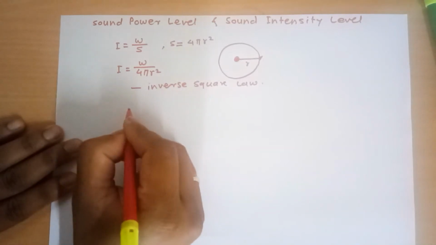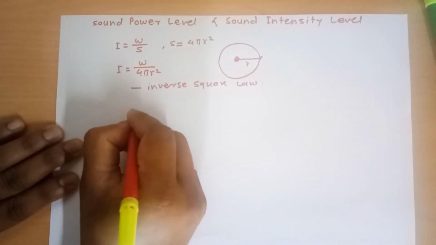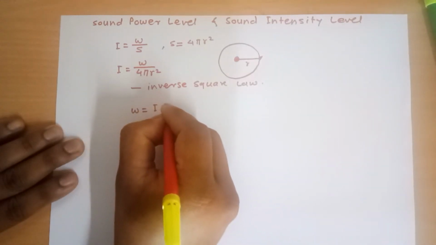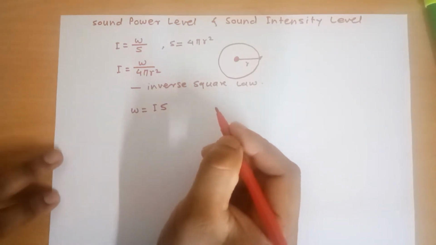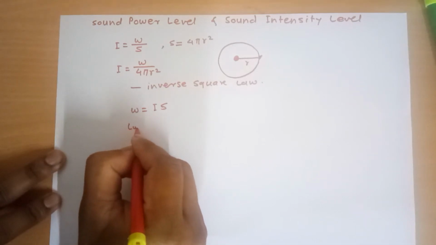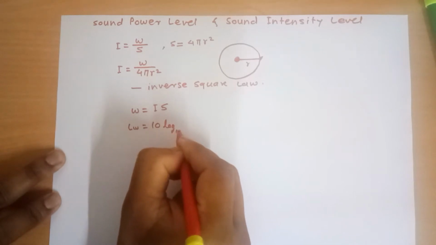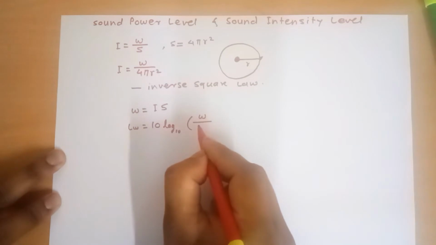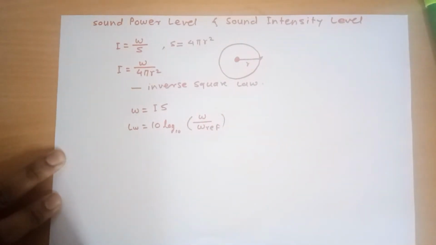Now, as we know from this equation, W is equal to intensity of sound into area, and the sound power level we can calculate by 10 log to the base 10 of the ratio of sound power to the reference sound power.